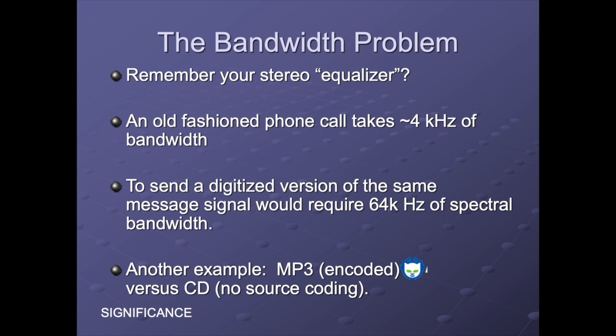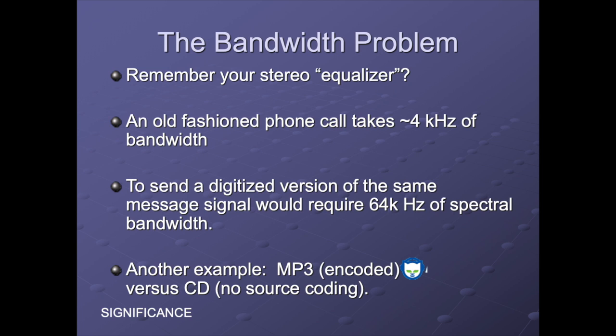Another example of solving this bandwidth problem, I found this in my old presentation. This is a Napster logo. I don't know if you remember Napster. It was a peer-to-peer sharing network, and a lot of people used it back in the day to share music that was encoded with MP3.